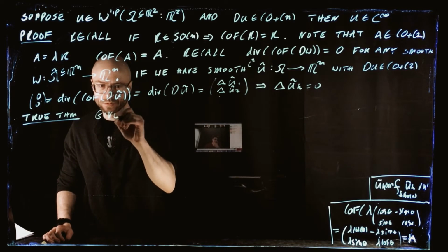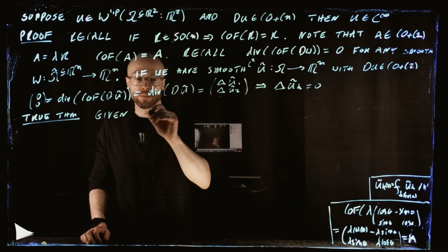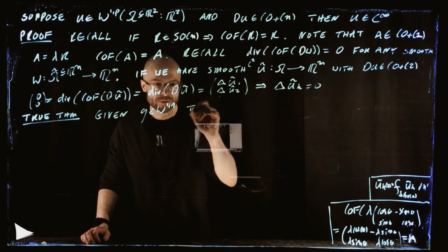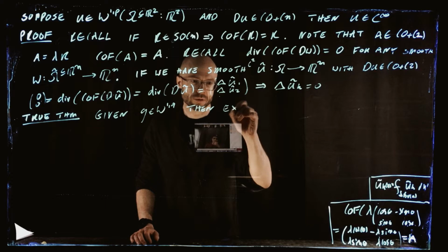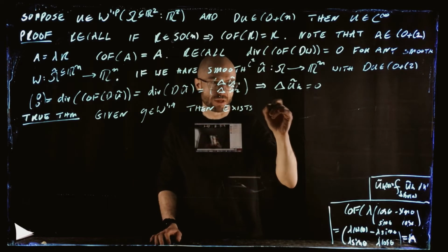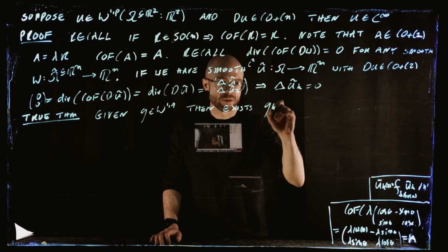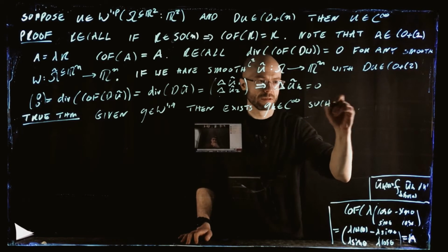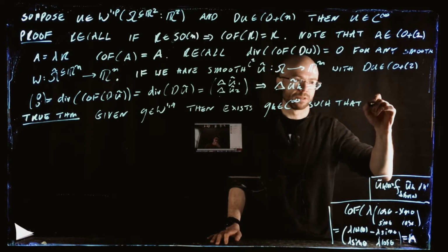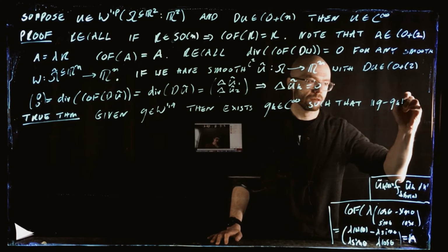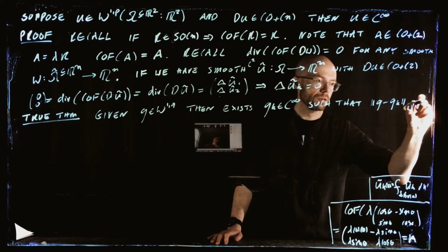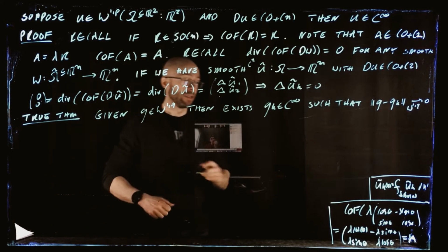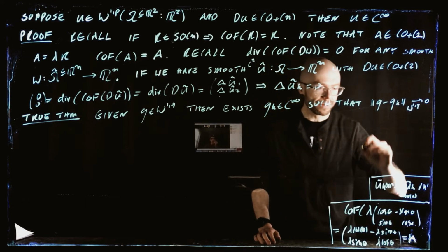Given a function, let's call it G, inside a Sobolev space W1Q, there exists a sequence of functions which are smooth such that we can approximate in the Sobolev norms, which is a very convenient property for us, and it's not that hard to prove.